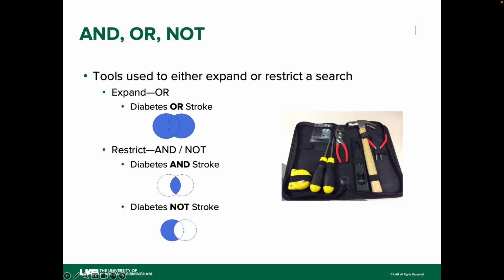Which term would I use? So I know I want animal assisted therapy, but I want to exclude equine therapy. Not equine. Very good. Not equine therapy. Excellent. All right.